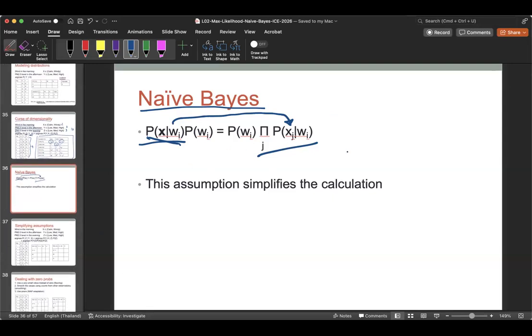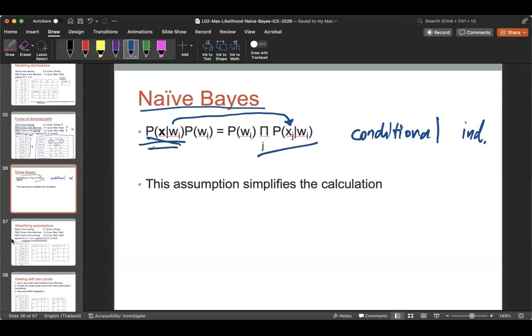So this assumption is called conditional independence. The conditional independence assumption is that, given the class, the X are independent of each other. That's why they can be expanded into products.